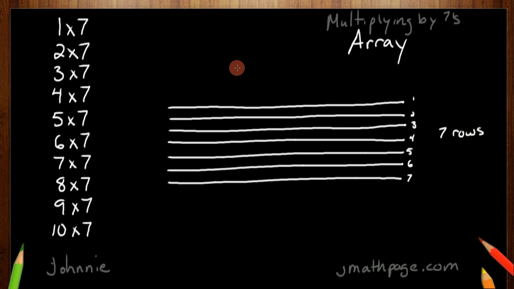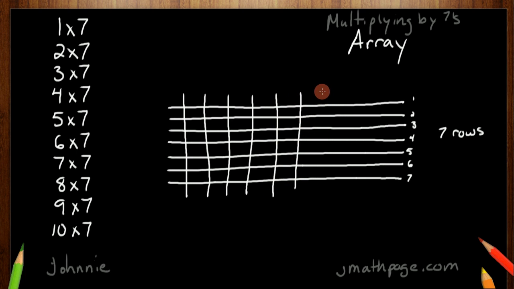The other thing that makes up an array are columns, and these have to go vertically. Where the rows go horizontally, the columns have to go vertically. And how many should we make? Well, let's figure it out. Okay? Let's start with 1, 2, 3, 4, 5, 6, 7, 8, 9.